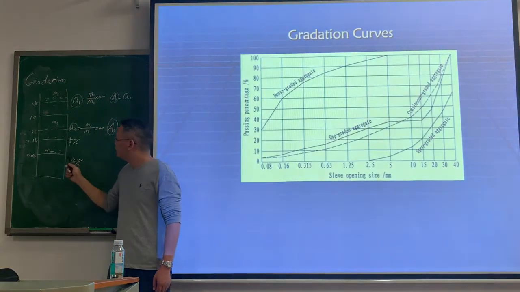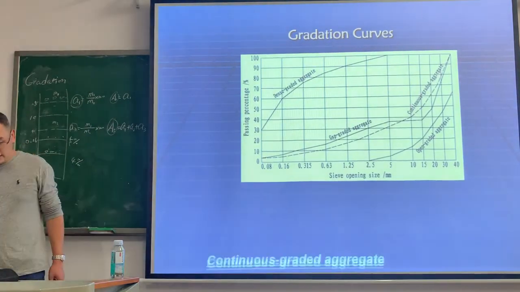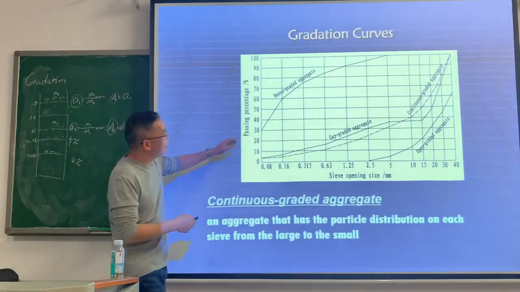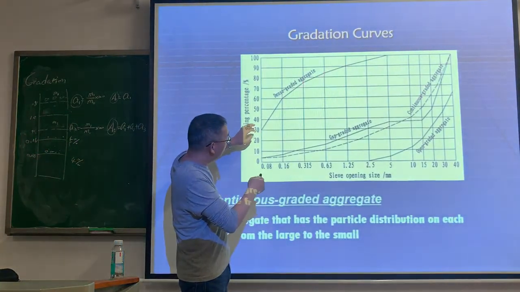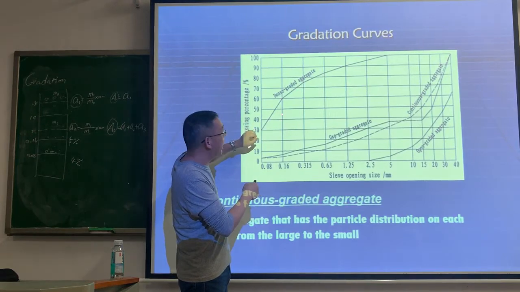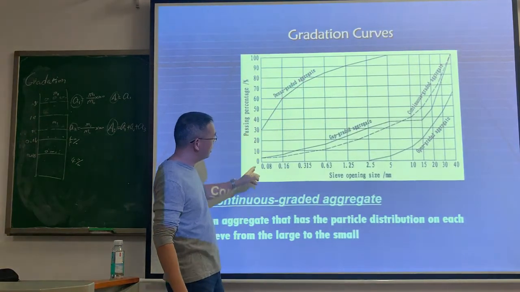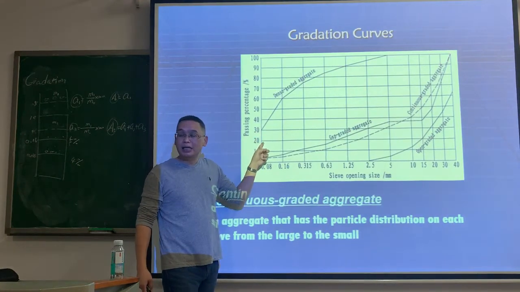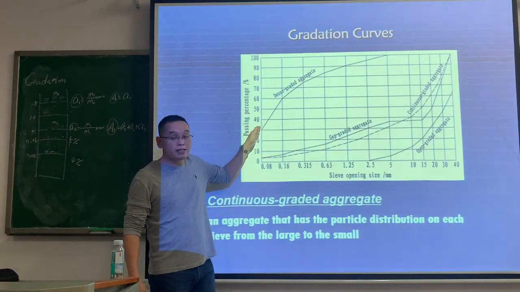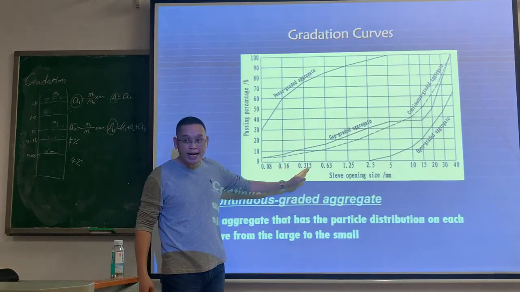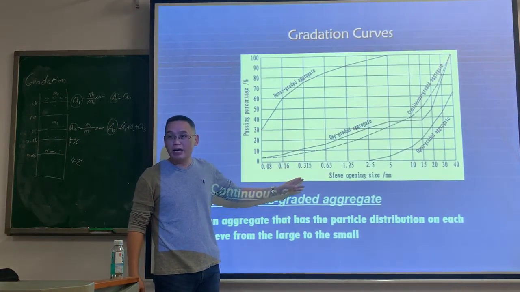And for another two curves, one is dense grade. Dense grade means what? Dense grade means the passing percentage of the fine aggregate is high. What is the fine aggregate?